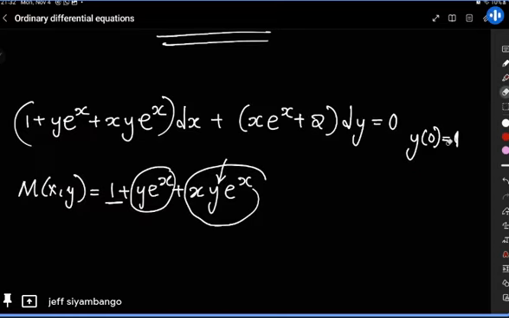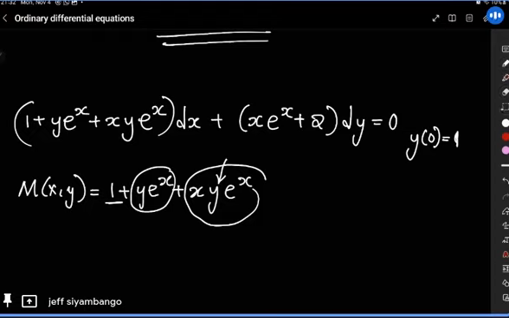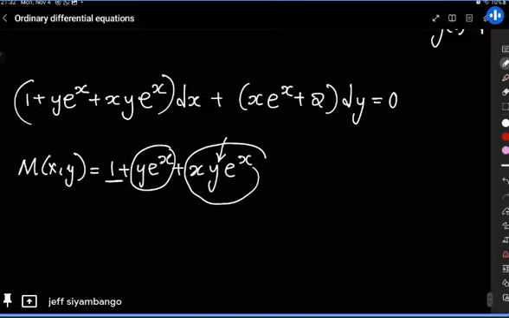For this one, we were given the initial value condition there. I want to work it out without the initial value condition, but we'll keep it somewhere close just in case we want to use it. But let's solve it generally so that you understand the tricks we were illustrating earlier on.